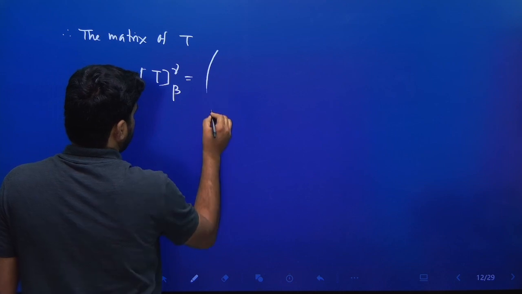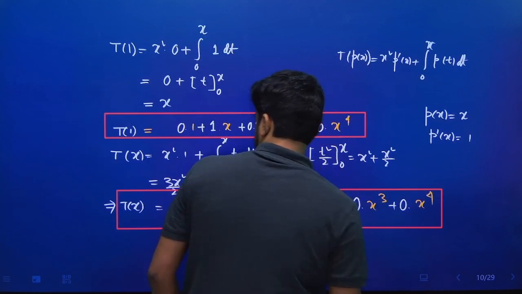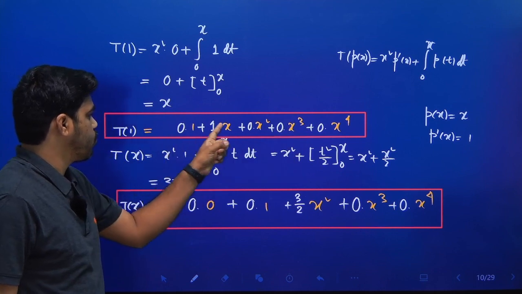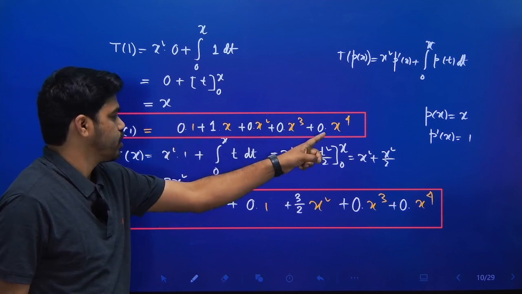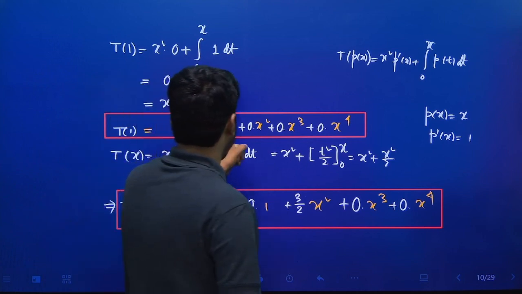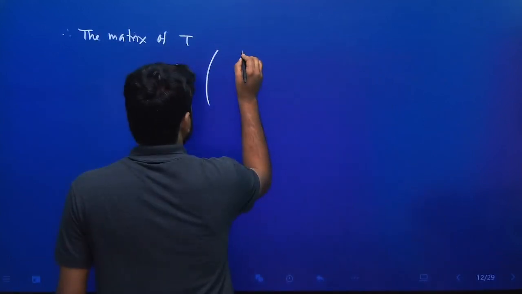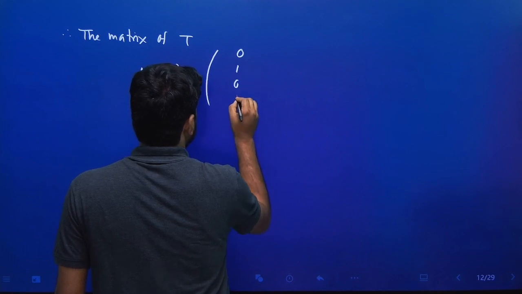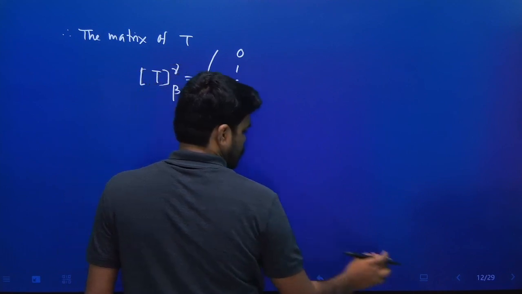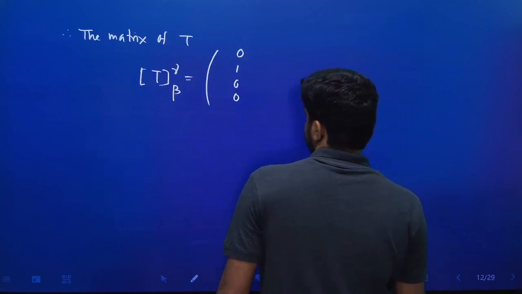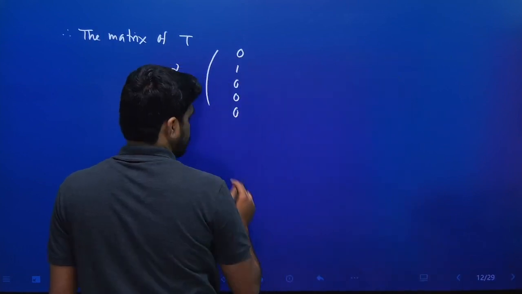So this will be, look, the coefficients of T1 that we got, the scalar coefficients 0 1 0 1 0 0, I will represent column-wise. So 0 1 0 0 0 0 1 0 1 0 0, what we get? 0 1 0 0 0 0 1 0 0 0, right?